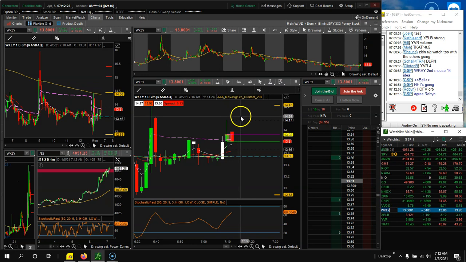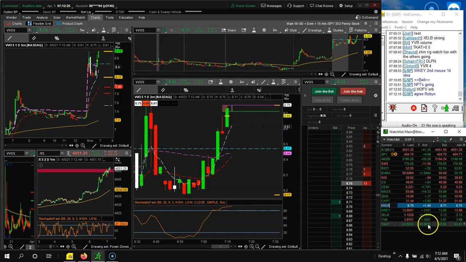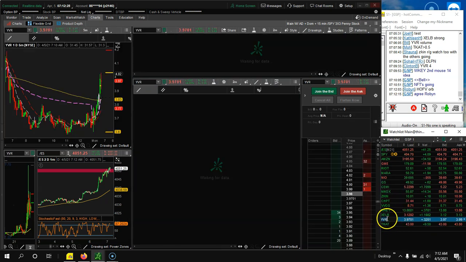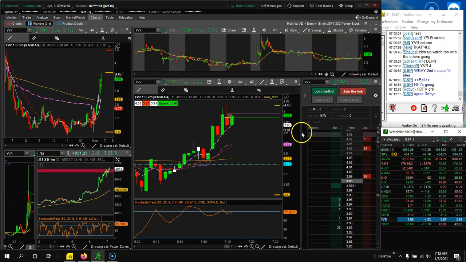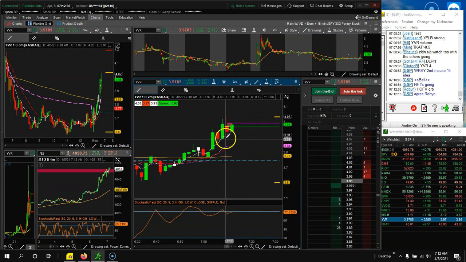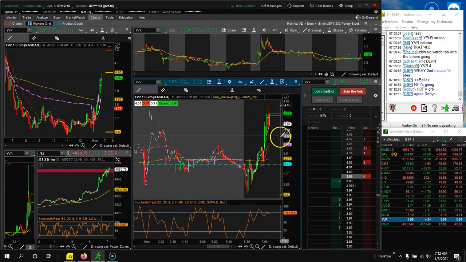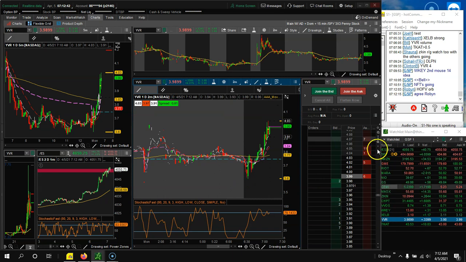XCLB never did anything. Wiki, nothing, right? VOS, nothing. YVR, just kind of sideways. But look at this. So when we broke out, you could buy on the pullback, right? Use that as your stop. But I want to find a very high probability trade with lots of volume where it's moving very quick. I want to be in and out of these trades.